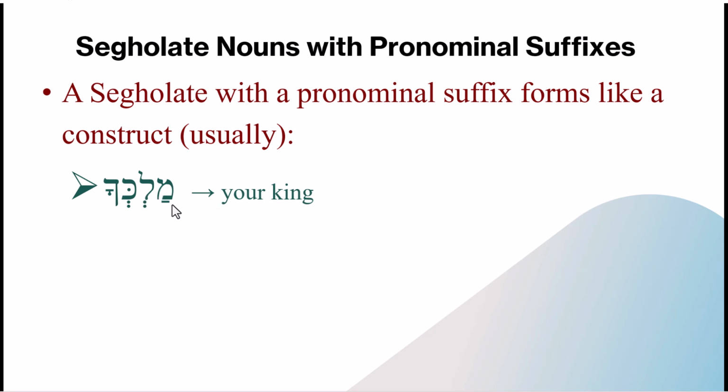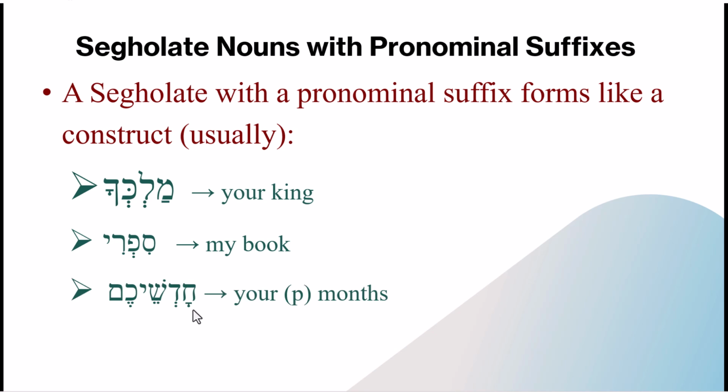So you've got that A-class vowel followed by a silent schwa under the second letter. Another example is sifri, my book. And so this is the IE class of Segholate. And then finally we have chodshekhem, your months, your plural months.